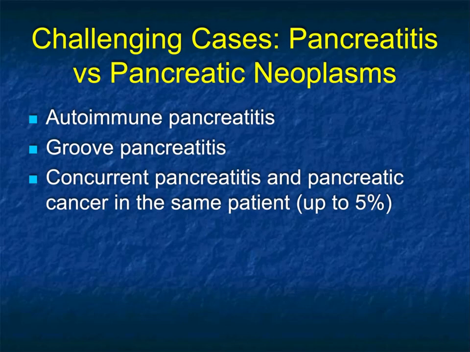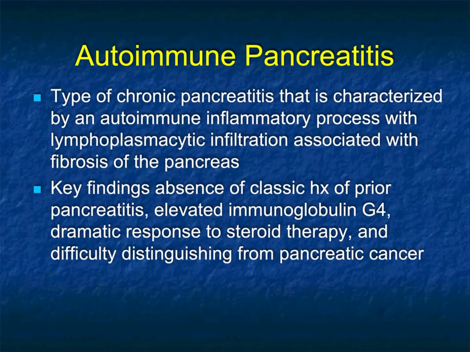Now, other things in terms of pancreas, some of the challenges, things that look like pancreatic cancer: autoimmune pancreatitis, groove pancreatitis, and that small percent of patients that has both pancreatitis or chronic pancreatitis and cancer. I'll briefly talk on autoimmune pancreatitis. It's an interesting diagnosis.